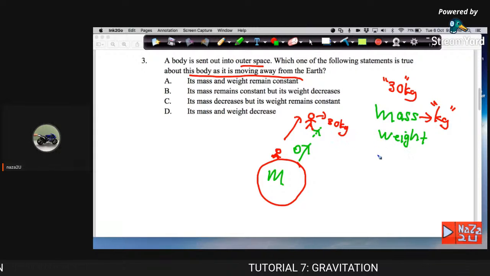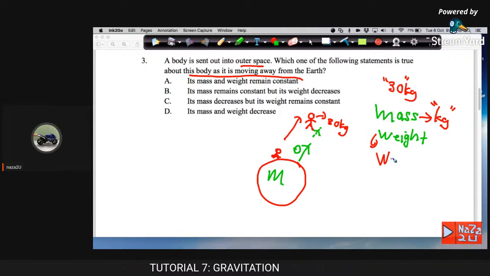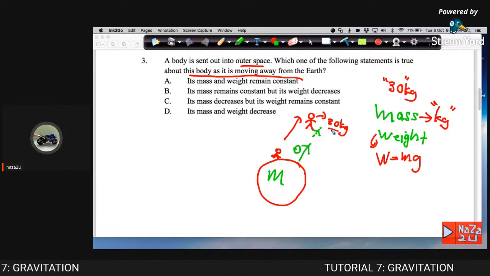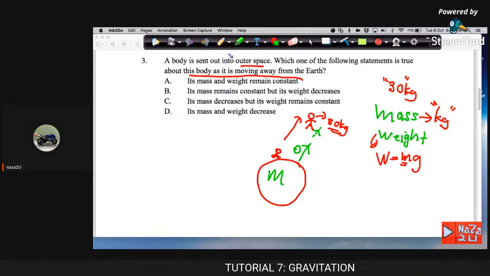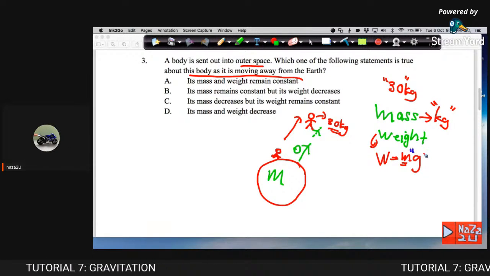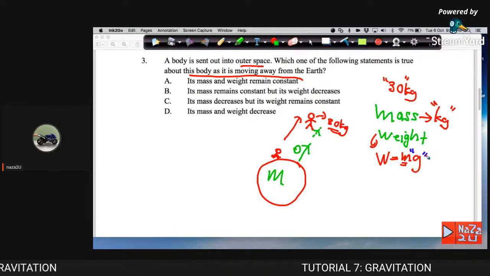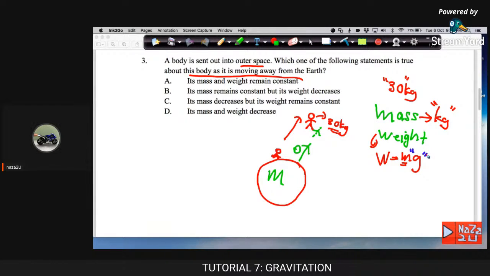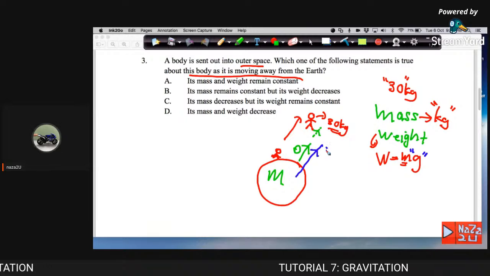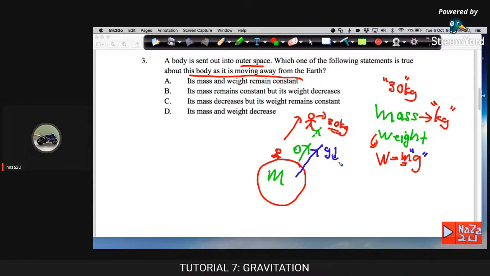Tapi weight kamu, weight W, this is weight is equal to mass times g. Mass constant, but the g is, okay, gravity acceleration change. So maksudnya kat sini, jikalau dia menjauhi permukaan bumi, g itu semakin berkurang.